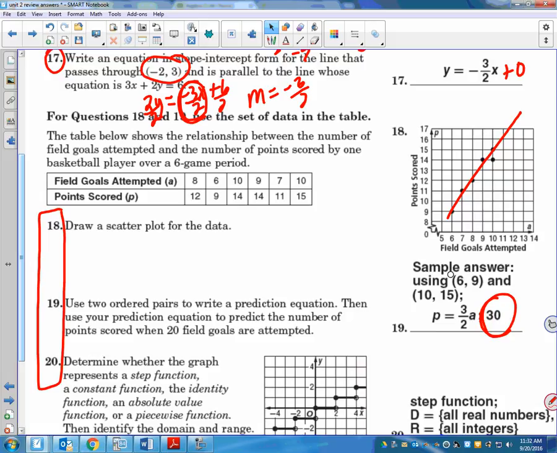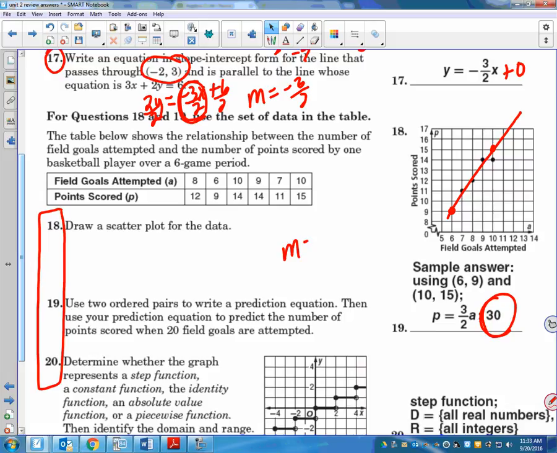So notice they tell us their answer, they use the very first point, and they use the point (10, 15), which is the very last point. And all they did is they wrote the equation just like you did up there, using those 2 points. So you have to find the slope.